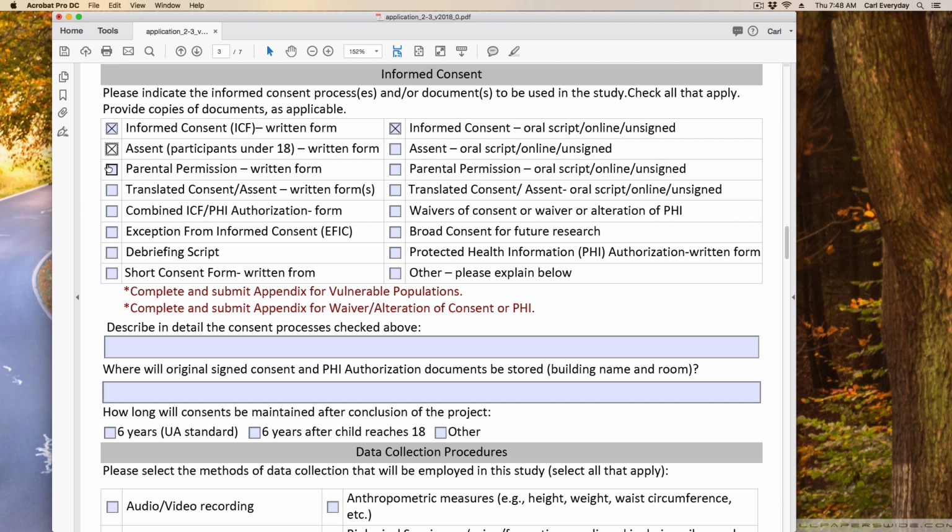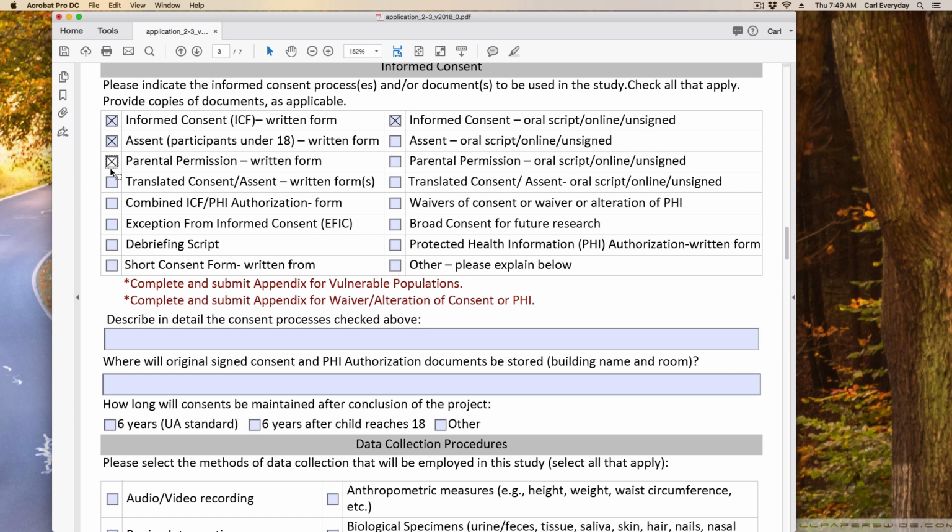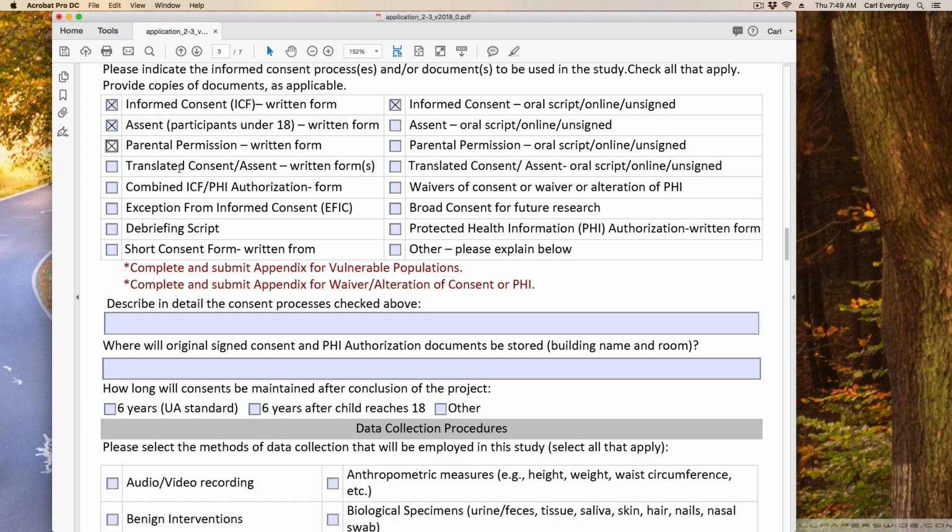That's called assent. In which case you also want a parental permission form, right? Do you need translated forms? You're going to be working with people whose language is not the same as the language that you're conducting the study in.